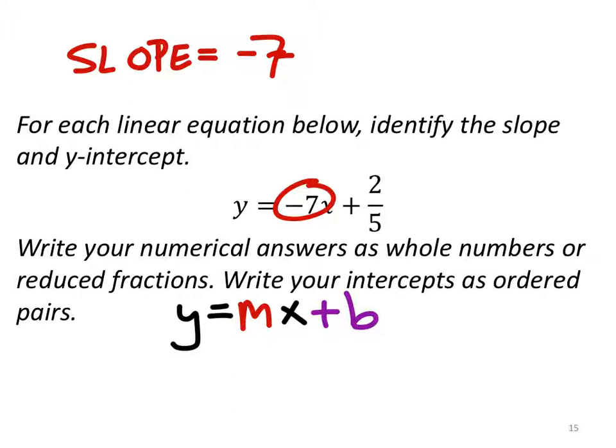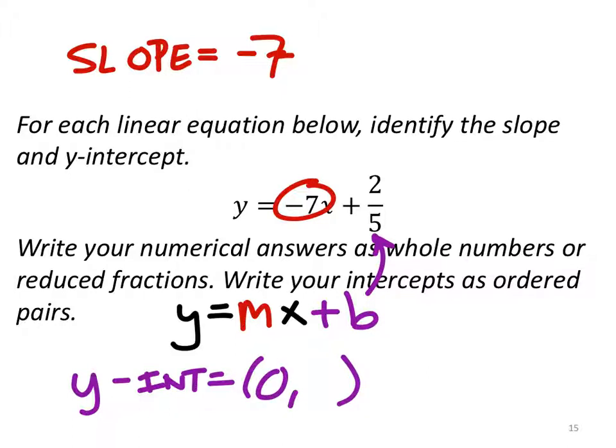And the y-intercept is the constant that's being added to this. But again, don't forget this is a point. It needs to be shown as an ordered pair. So the x value is always 0, and the b value is 2/5. And it is possible we could see some fractions on the homework as well.